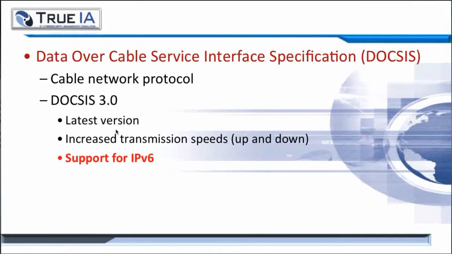Most modern cable providers have moved to a new standard, Data over Cable Service Interface Specification, or DOCSIS 3.0. This is the most recent and most current version because it adds primary support for IPv6.